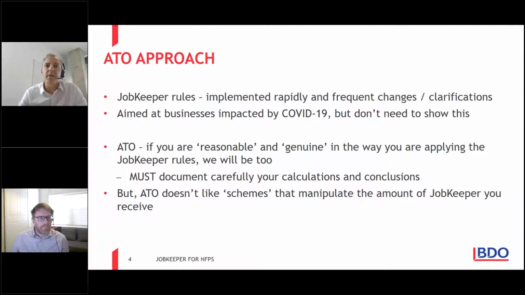Well, the ATO's indicated that that's okay. If you project a 15% fall in revenue and you end up increasing revenue, then they'll start asking questions about what was the reasonable basis that you used to do that calculation. They're also really interested in the time that you did that calculation. So it's going to be really important to have contemporaneous records.